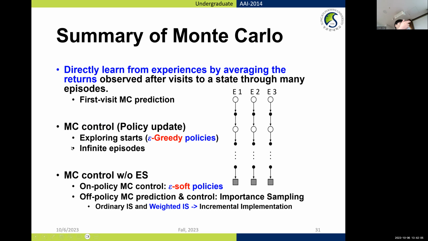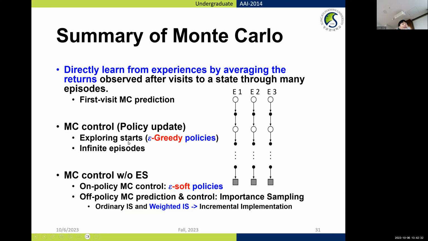There are two assumptions under which we can do the control. The first assumption is exploring starts, where we need to give probabilities to every possible action. We call it the epsilon greedy policy. And infinite episodes can be approximately reached, right?